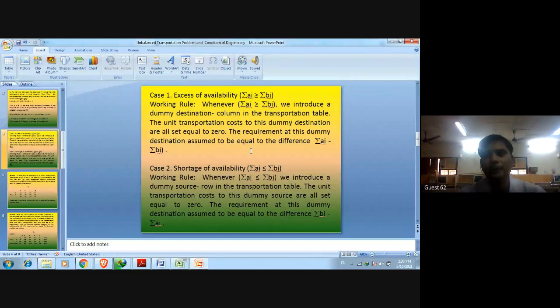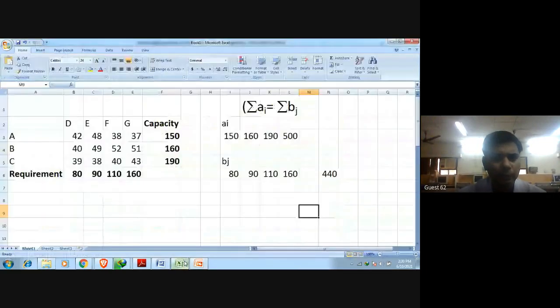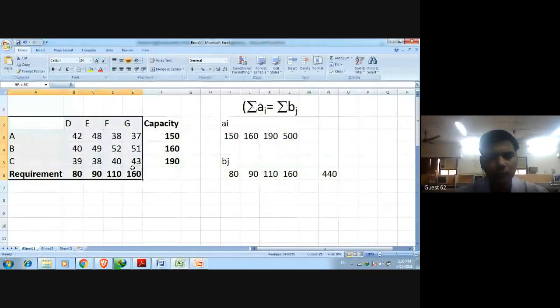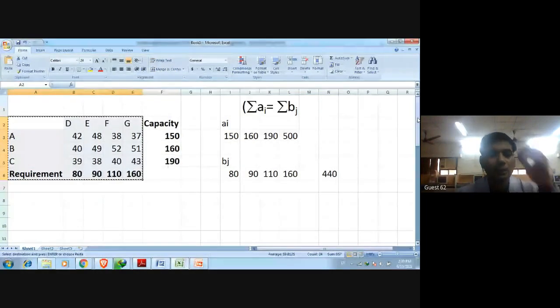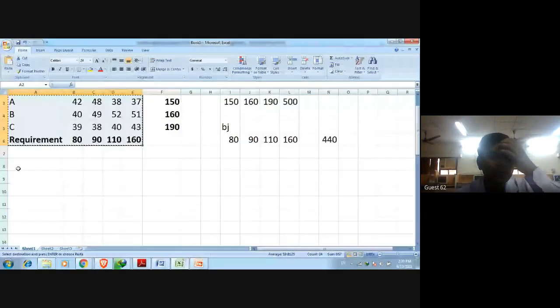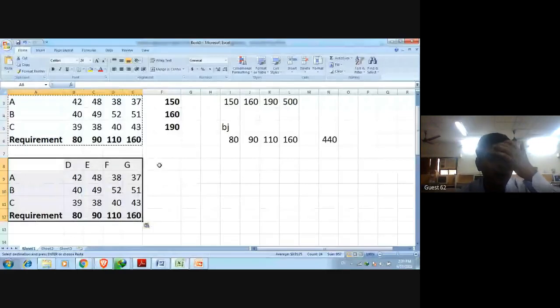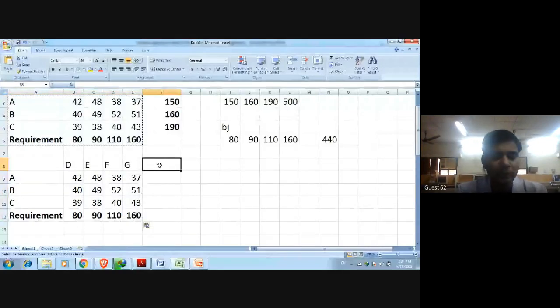So this is our table. I am writing down this table again just below it. Okay. And we will introduce a dummy column.